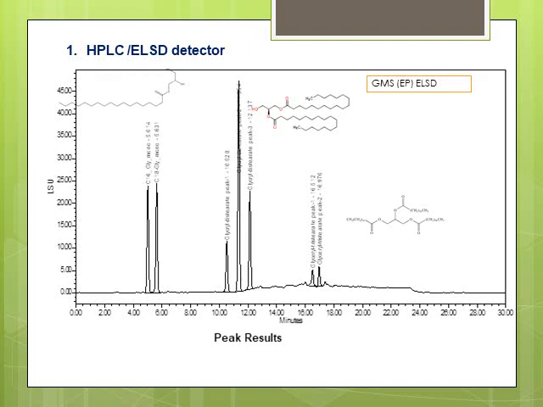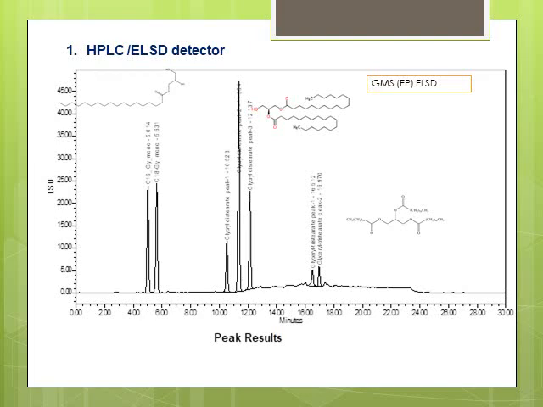The first peak is palmitic. It is glycerin palmitic, and the second one is glycerin stearic. So you have a stearic acid attached to glycerin, and in the first one a palmitic acid attached. The three peaks in the 10 to 12 minutes are the di-substituted, or diglyceride, di-stearates.